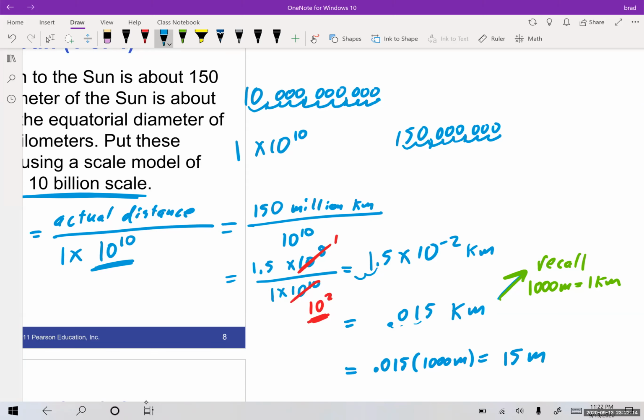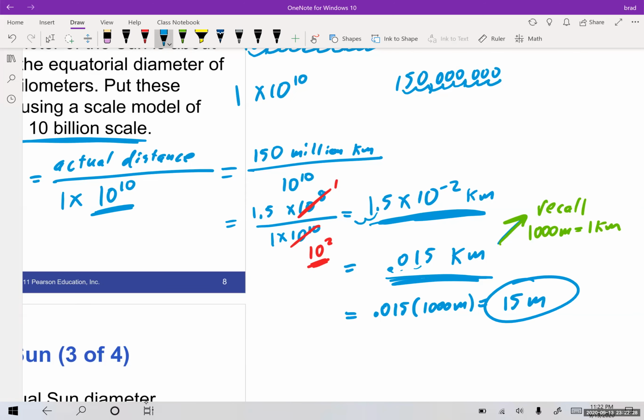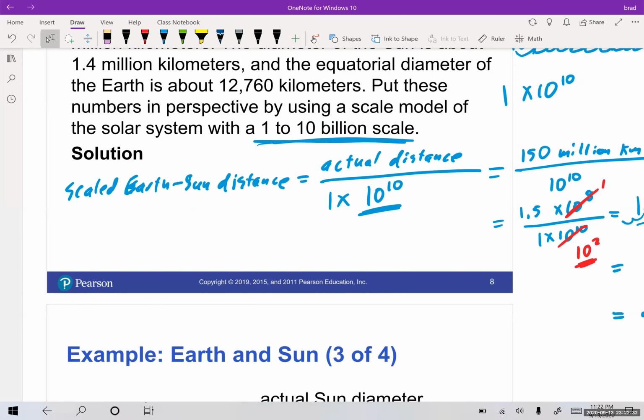So instead of telling someone that it's 1.5 times 10 to the negative 2 kilometers, that doesn't make a lot of sense. Or telling them 0.015 of a kilometer, that doesn't make a lot of sense. I could tell them, oh, it's about 15 meters, okay? And that's on the scale, right? We're not saying that that's the actual distance. We're saying using the scale of 1 to 10 billion, right?